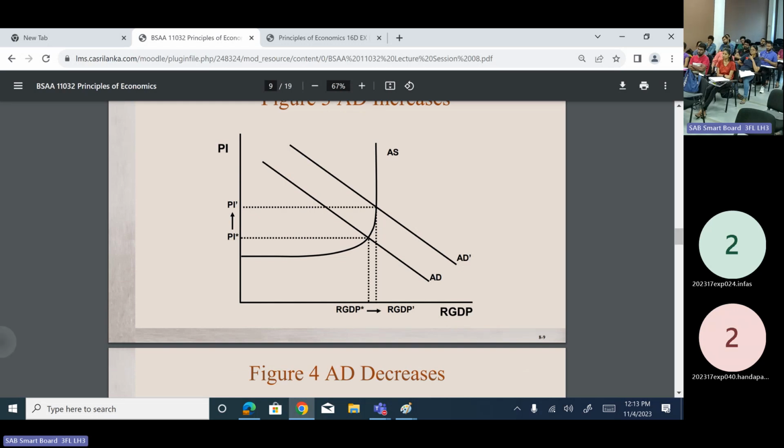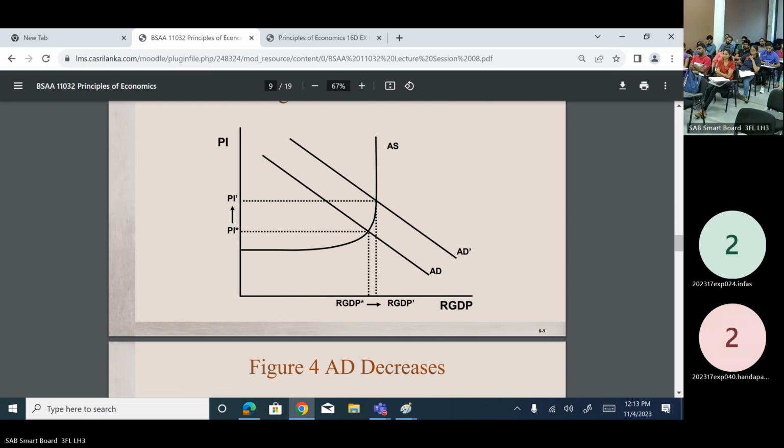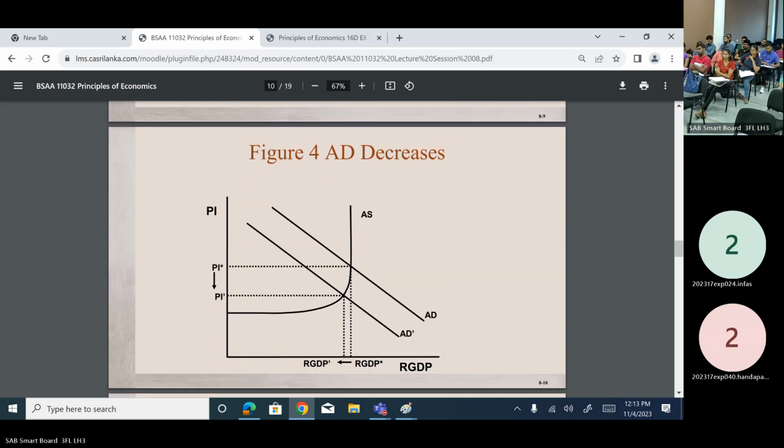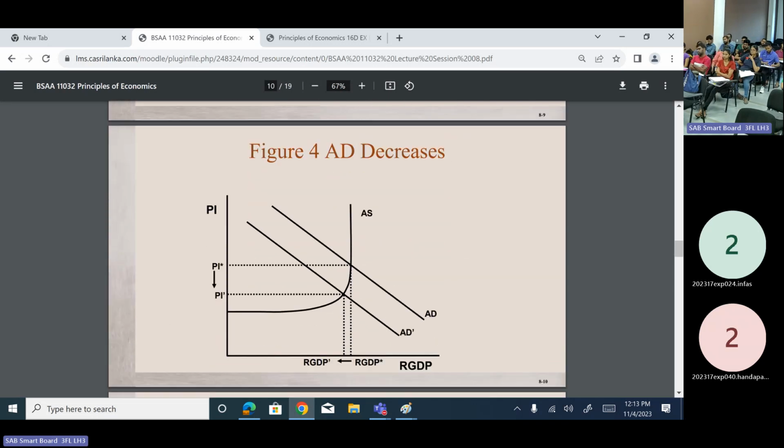If it's in this backward bending portion, price will increase and RGDP will increase. Clear? Simple as that. If it decreases, again in this backward bending portion from here to here, RGDP will decrease and price level will decrease.